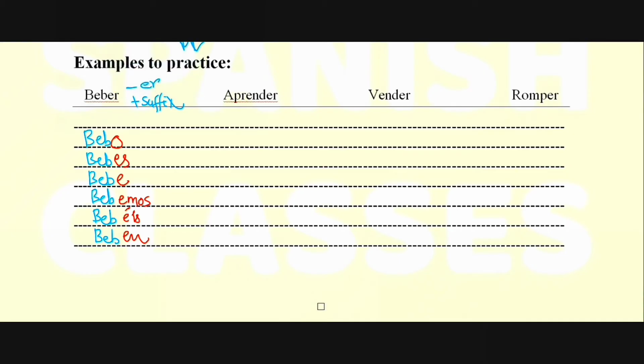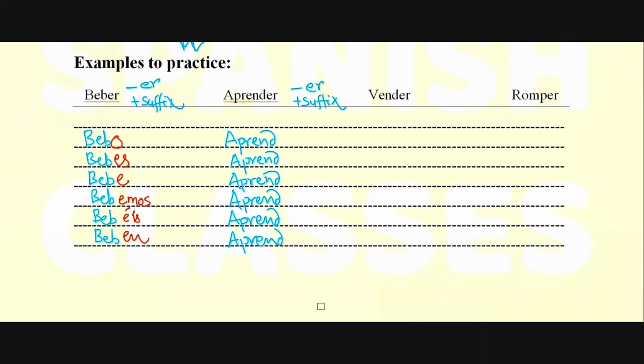Take another verb. Aprender. Drop er from here and add suffixes. What are the suffixes? We have to write the root word first 6 times: aprend, aprend, aprend, aprend, aprend, aprend.